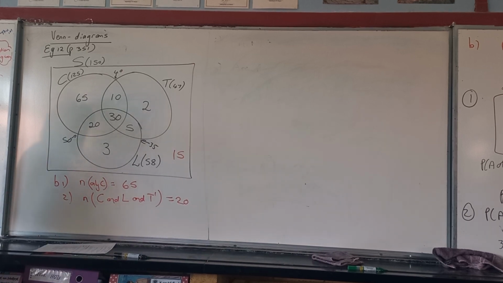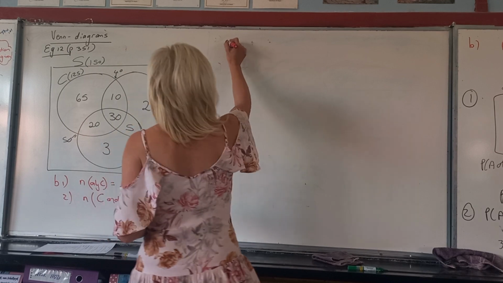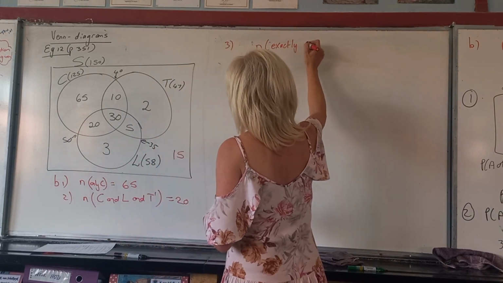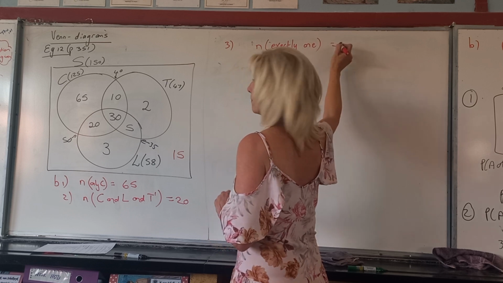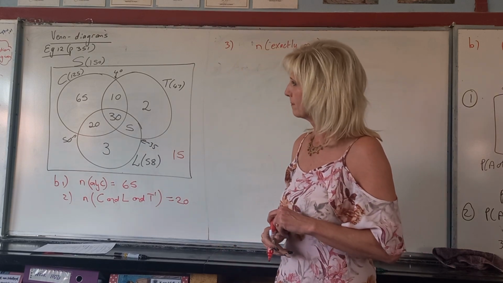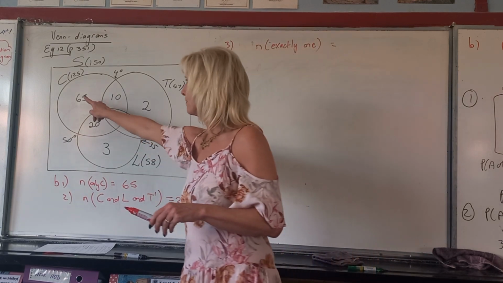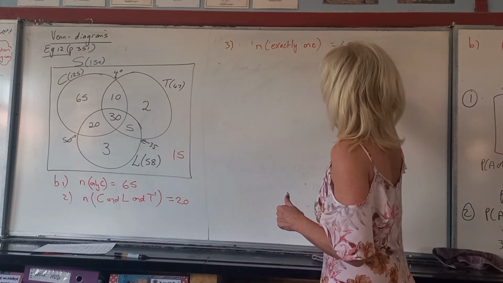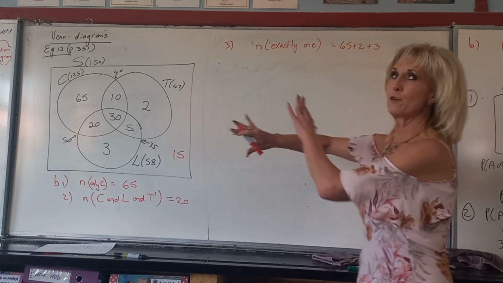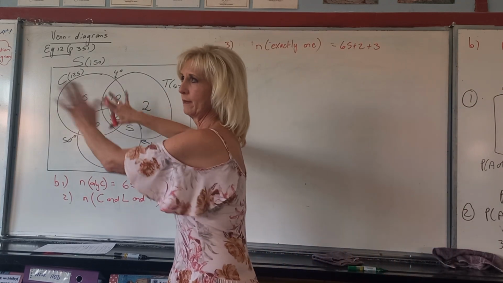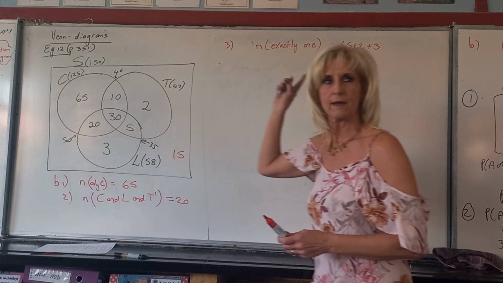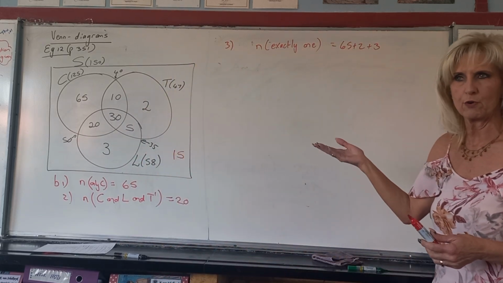Third one, exactly one of the 3 devices. Exactly one of the 3 is which ones? 65, 2, and 3. And is that not a good idea to write? So that if you made a mistake here, and it's not right, but whatever's there and there and there, you're adding over here, then it's easy for the marker to give you extra marks.